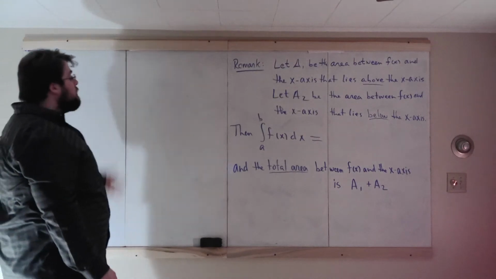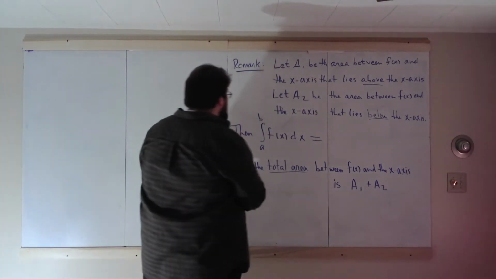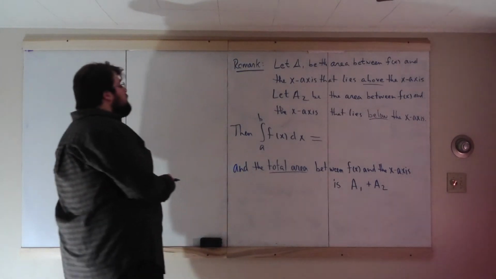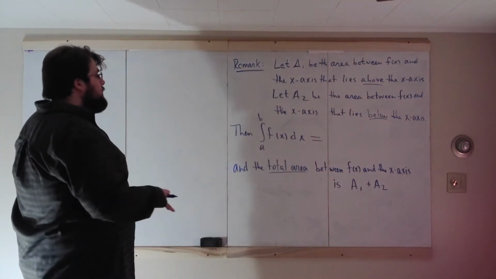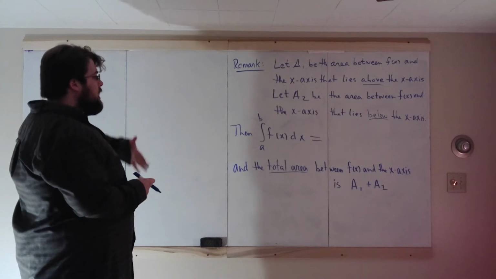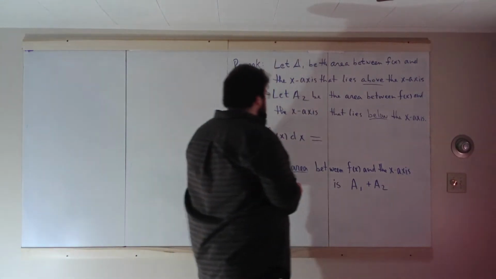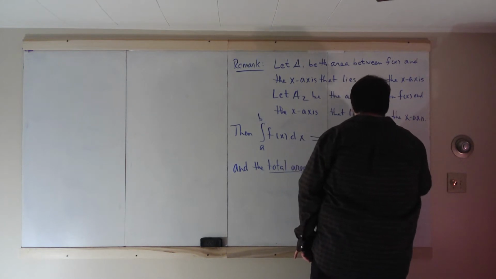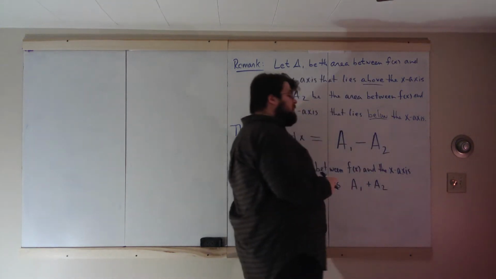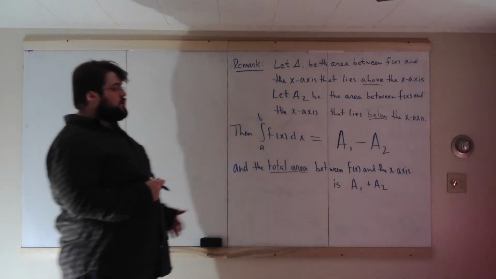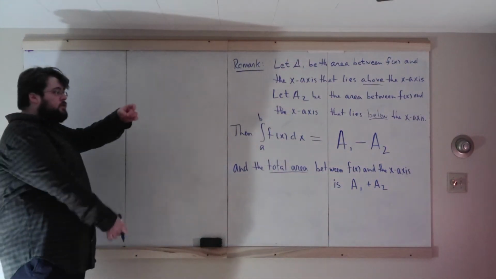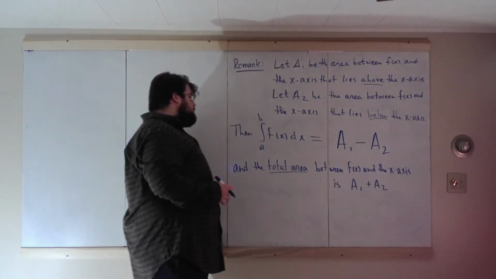Well, the definite integral of f of x on a to b would treat what's above the x-axis as a positive, because the function is positive up there. But it would treat what's below the x-axis as negative, because our approximation would treat them as negatives, because the function evaluates to a negative below the x-axis.